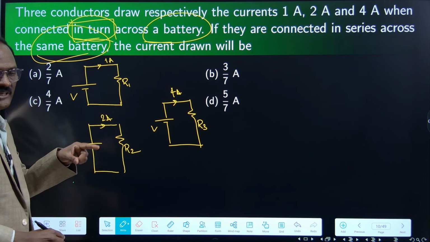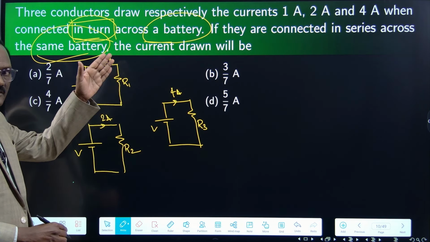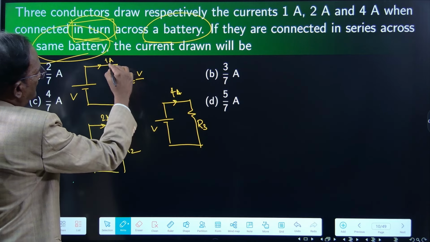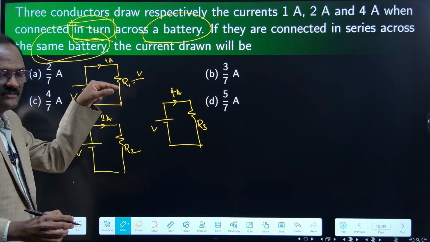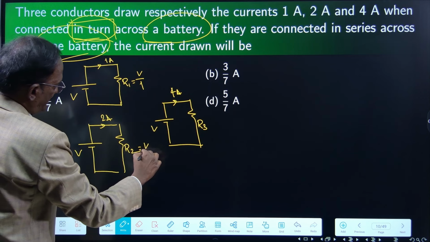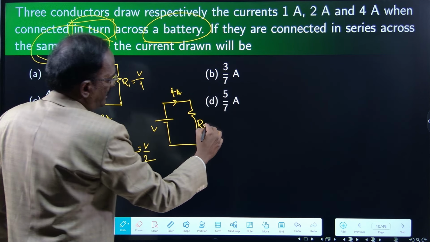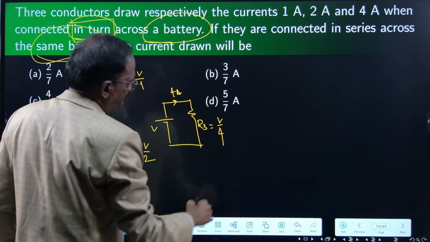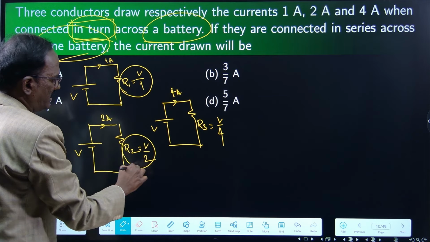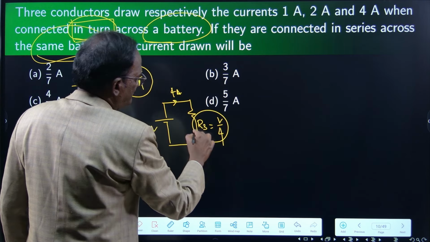According to Ohm's law, R is equal to V by I. V is V. For I equal to 1, R1 is V divided by 1; here it is V divided by 2; here it is V divided by 4. So now the resistance values in terms of voltage are available.